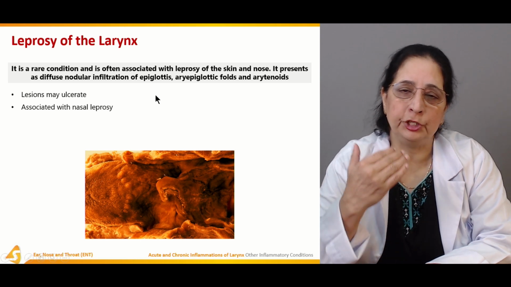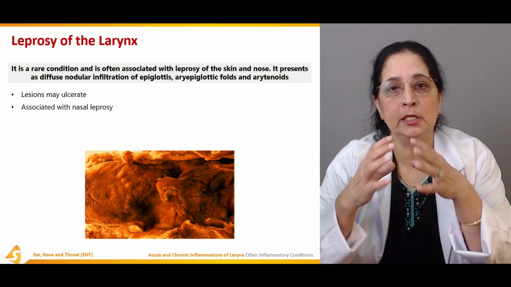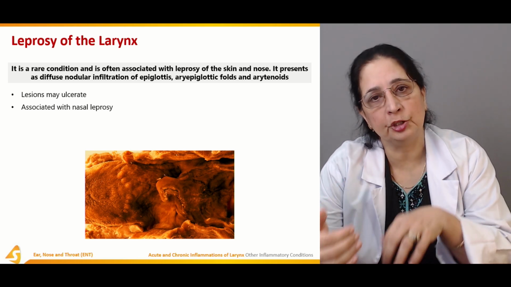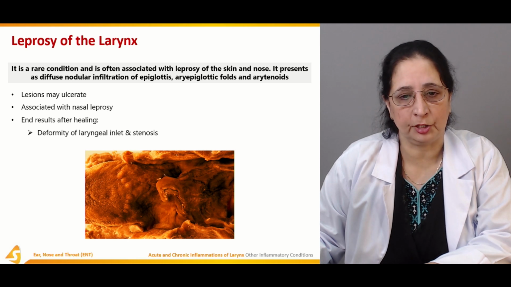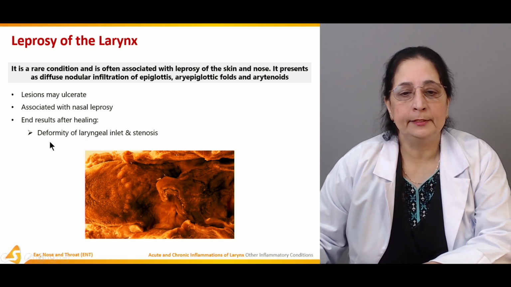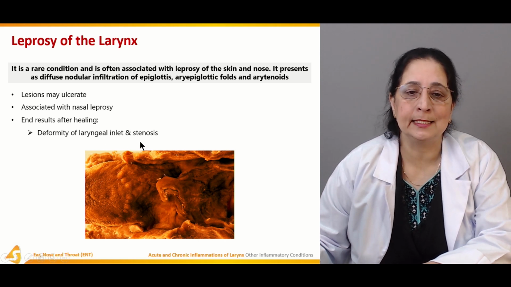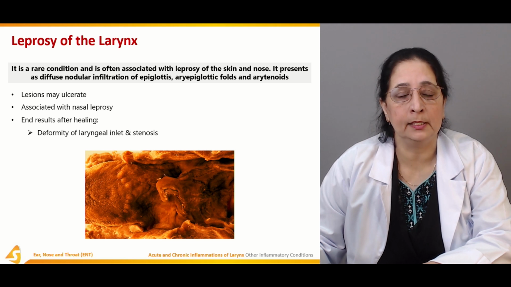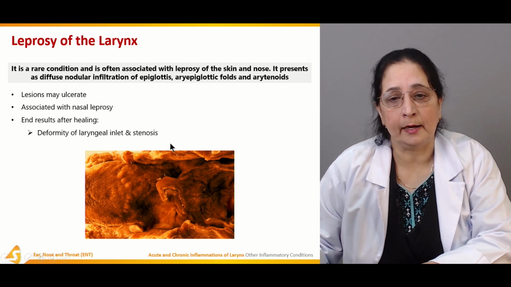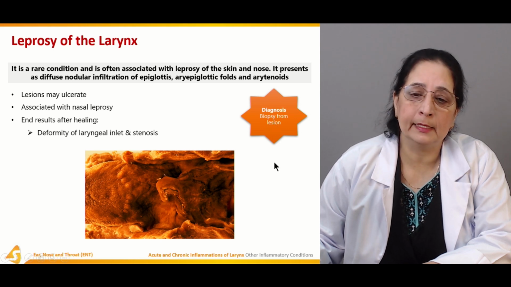So all these conditions are not only affecting the larynx, they are usually associated with nasal and pharyngeal infections. The end result after healing is deformity of the laryngeal inlet, and there is stenosis after leprosy of the larynx. Diagnosis is by biopsy from the lesion.